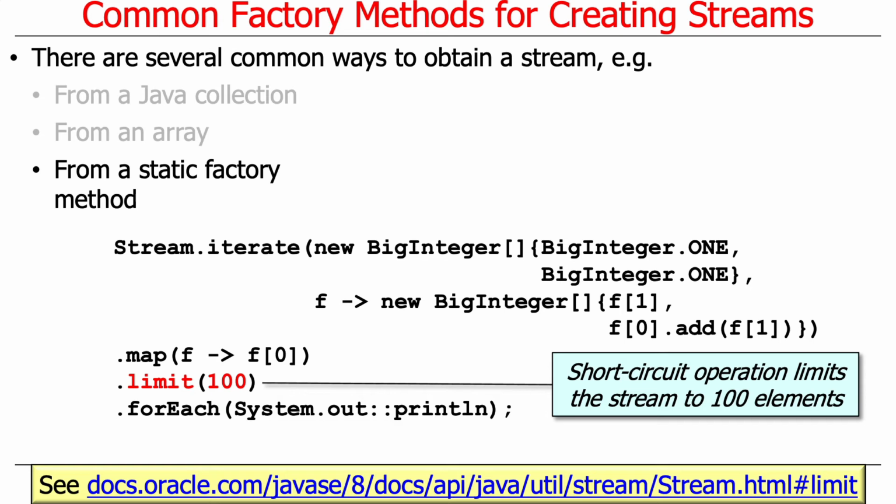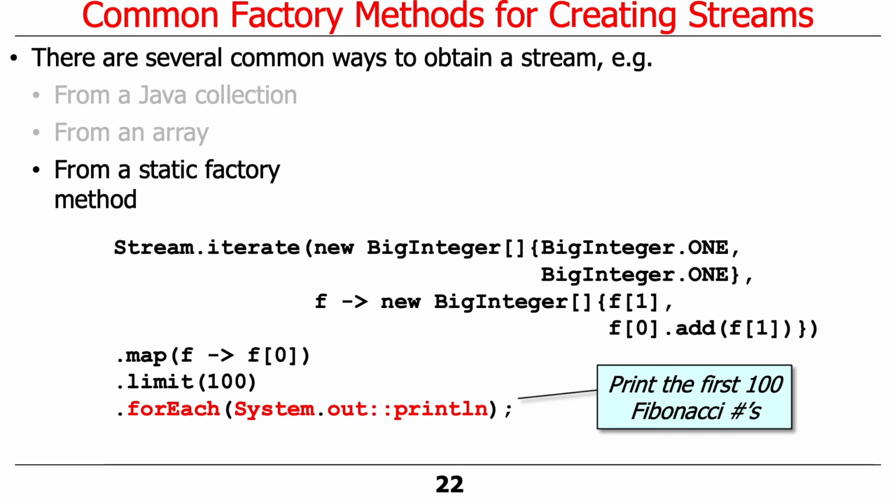The limit short circuit operation will stop after the value indicated here in the parameter, 100, is met. At that point it will terminate the stream, and we'll end up taking the first 100 elements in the Fibonacci sequence, and we'll print them out using println. Yes?